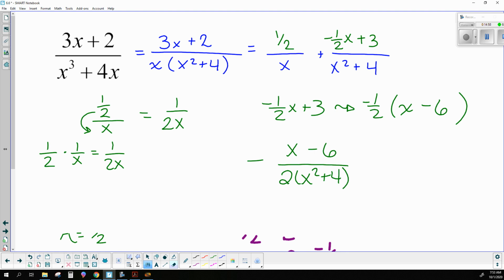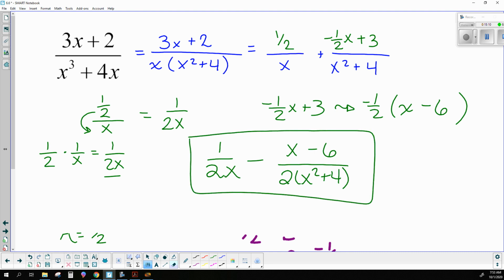Okay? So if I were to recombine the whole thing, this part would come over and meet it. So I had 1 over 2x minus this. So this would be the cleaned up fraction. Again, you don't have to do that right now, but just know that that's what it would look like.